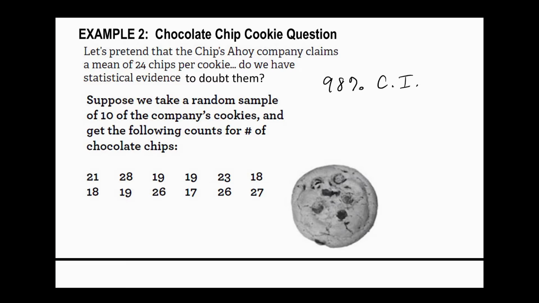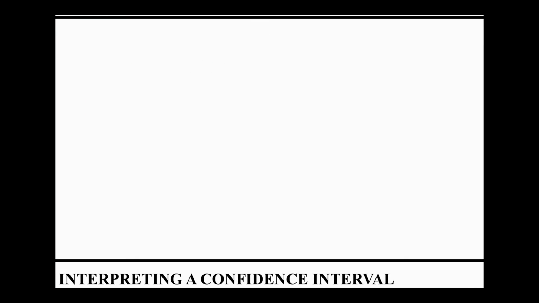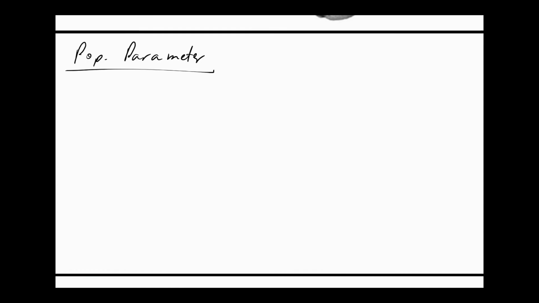Okay, so if we're going to do a confidence interval, the first thing we have to do is population parameter. So what are we trying to find here? That's what the population parameter is.